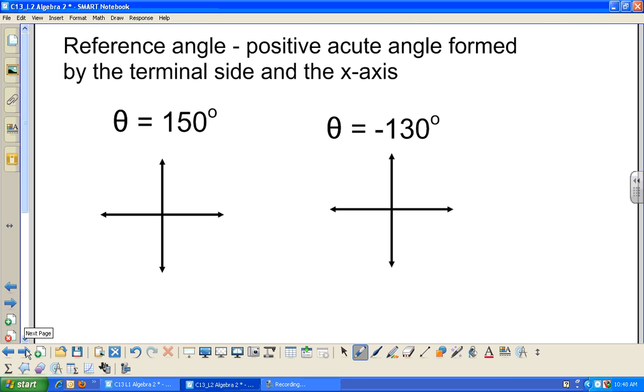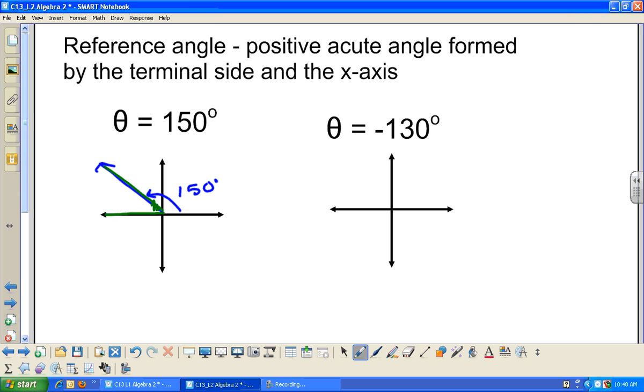Reference angle is the positive acute angle formed by the terminal side and the x-axis. If I'm looking for my reference angle of 150, the first thing I want to do is to draw out where 150 is. Since 150 is between 90 and 180, this would be 150 degrees. My reference angle is always the angle formed by my terminal side here with the x-axis.